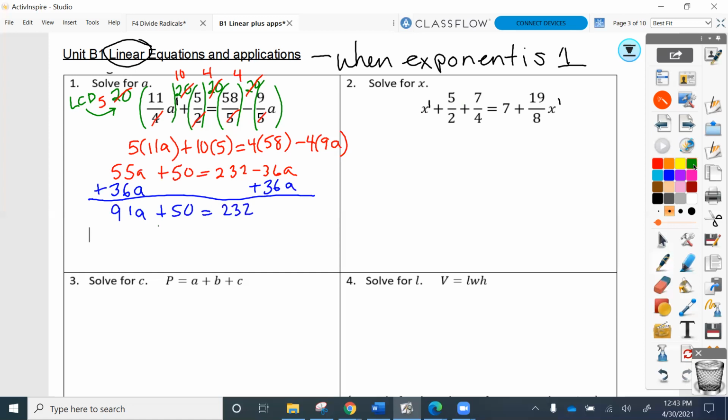Now I want to get rid of this little trailer, so I'm going to subtract 50 from both sides of the equation to get 91A equals 182. Then I'm going to divide both sides by 91. These will cancel, and I will get A is equal to 2.